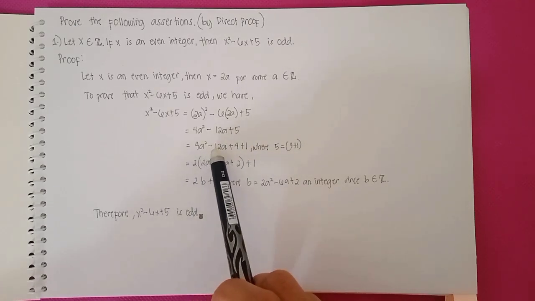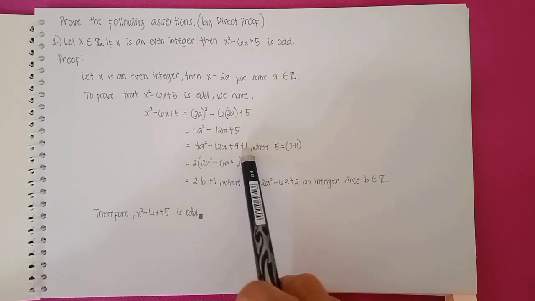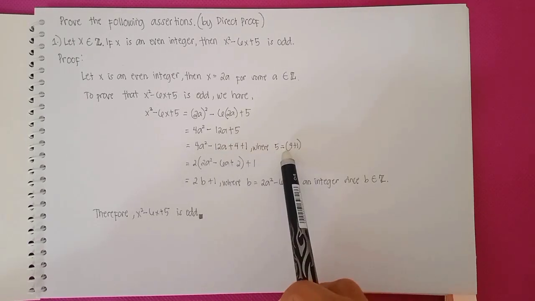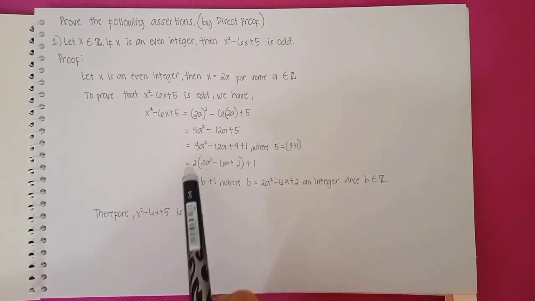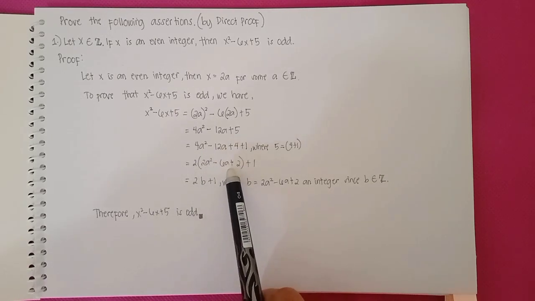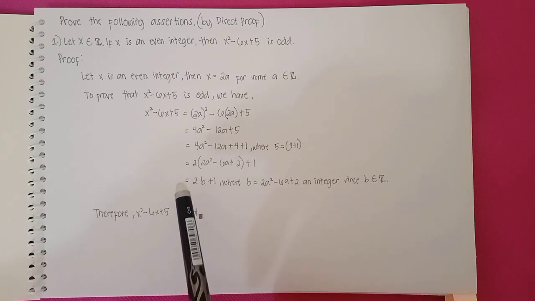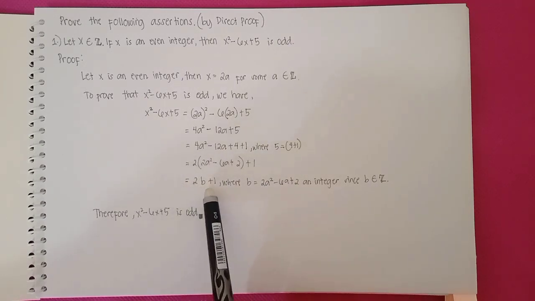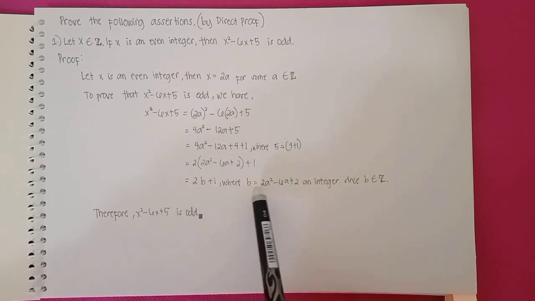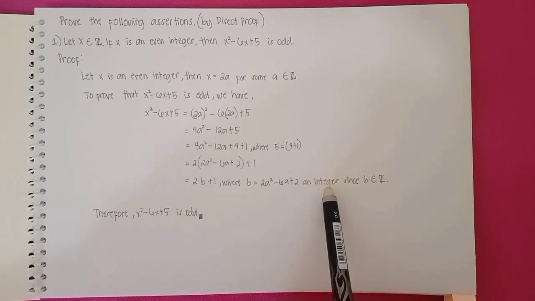4a squared minus 12a, and we express 5 as 4 plus 1, where 5 is equal to 4 plus 1. And remove the common factor, which is 2, and multiply by 2a squared minus 6a plus 2, plus 1. And it is just equal to 2b plus 1, where b is equal to 2a squared minus 6a plus 2, an integer.